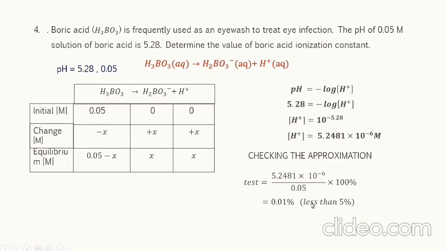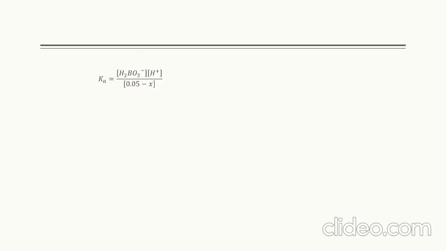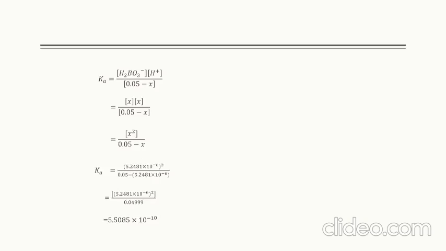So it is less than 5%. The approximation is successful. For the ionization constant, we use the formula Ka equals X squared over the initial concentration minus X. So we enter the value of X and we get the answer 5.5085 multiplied by 10 to the negative 10.